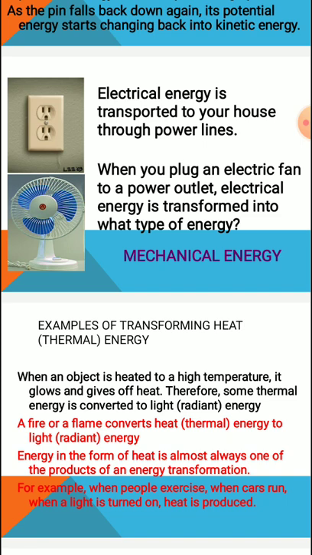Energy in the form of heat is almost always one of the products of an energy transformation. For example, when people exercise, when cars run, or when a light is turned on, heat is produced. Whenever an energy transformation happens, heat is one of the products.